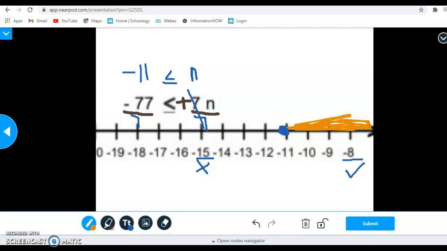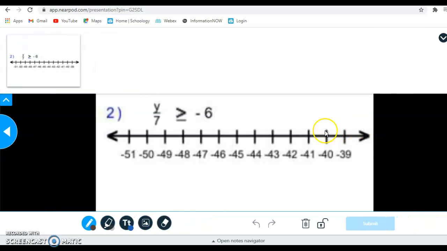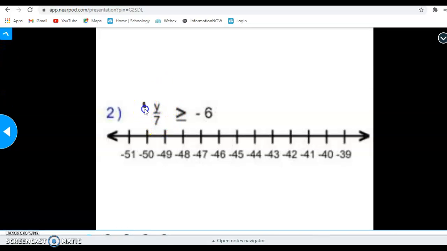All right. So let's try another problem. Here we have y over 7 is greater than or equal to negative 6. So here we're dividing. Y over 7 indicates division.